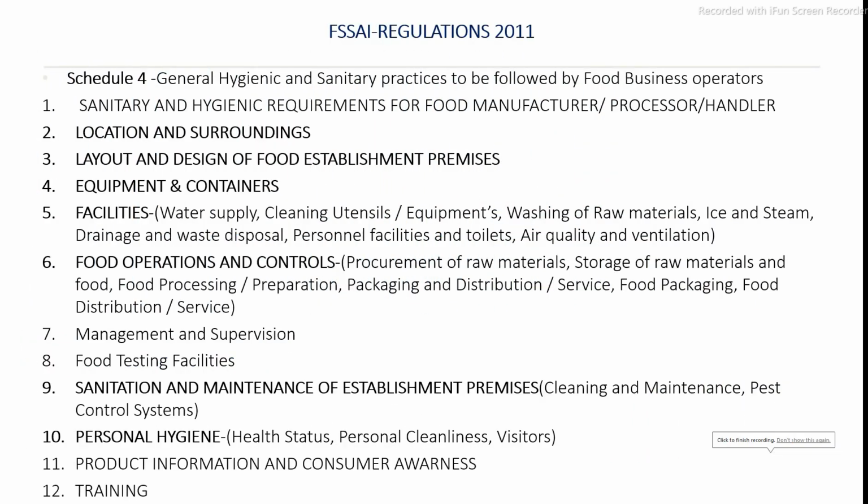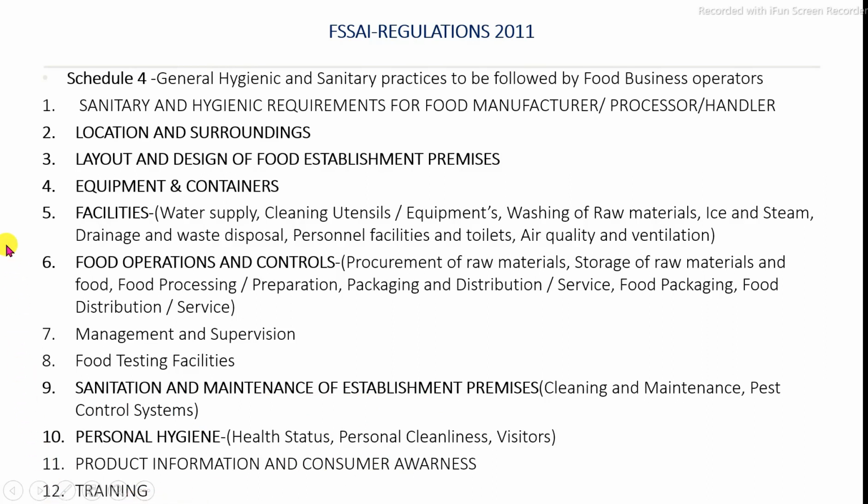As per the Food Safety and Standards Authority of India regulation, Schedule 4 gives details of the requirements of general hygienic and sanitary practices which must be followed by each food business operator, in which the main 12 points must be followed in order to meet the food safety standard management system: the sanitary and hygienic requirements for the food manufacturer, location and surrounding, layout and design of the food business premises, equipment and containers, facilities requirement, food operations and control system, management and supervision, food testing facility, sanitation and maintenance of the establishment premises, personal hygiene, product information and consumer awareness, and training.